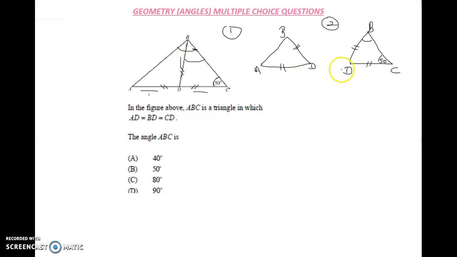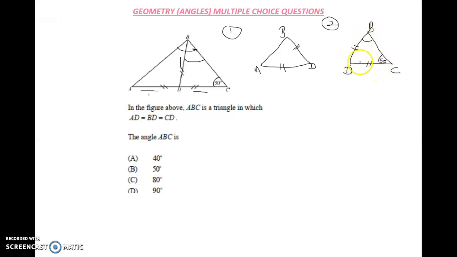So first things first, in this second triangle, the angle at the bottom is 50. Now we know that the two angles are equal to each other. Some of you might say, well, this is 50 as well, this one down here is 50 by D. But no, a way to look at it is that if you take your hand and cover line BD, you remain with 50 degrees.